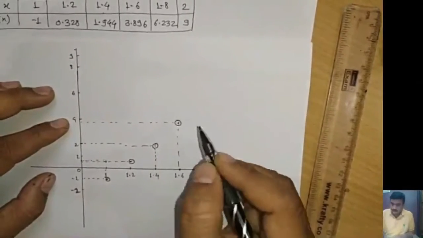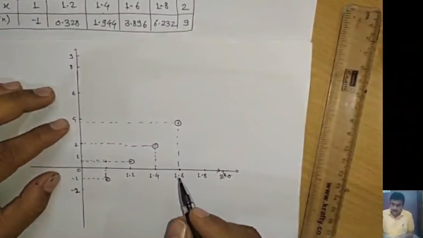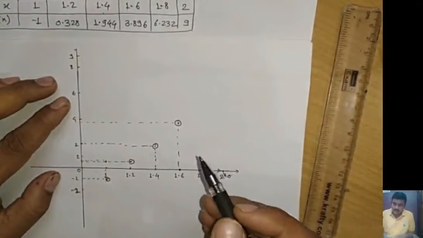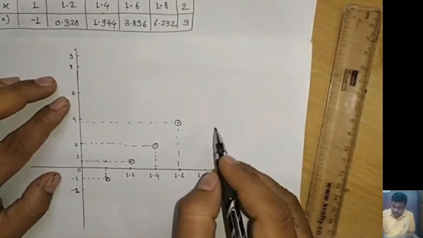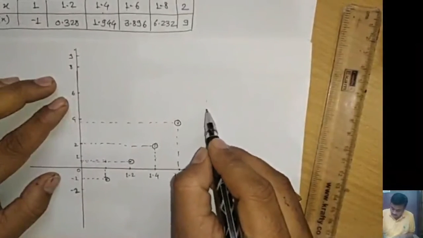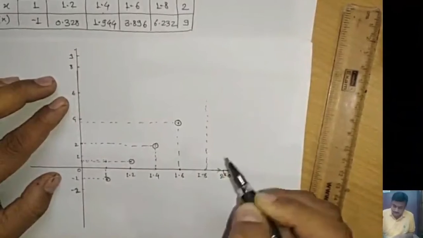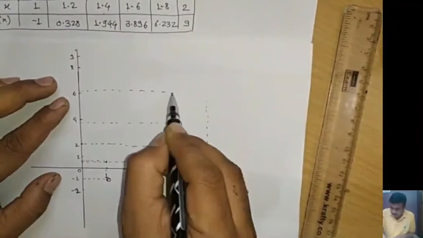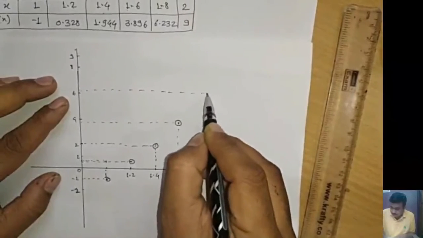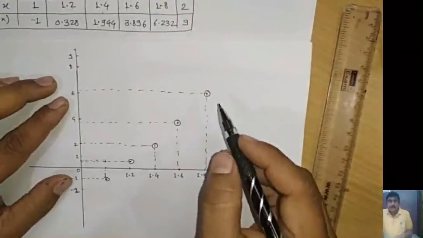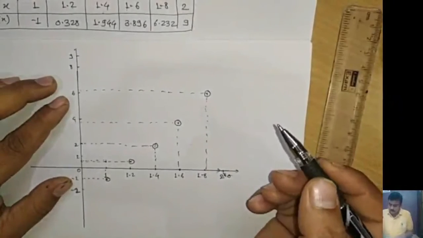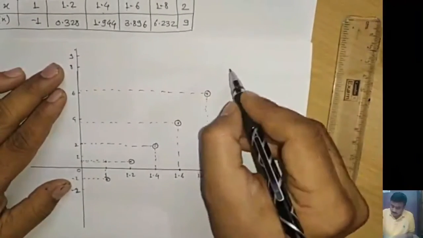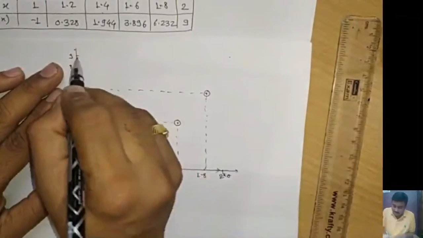Now for the value of 1.8, the value of the function is 6.232, which is nearly equivalent to 6. So we represent this point here, and for 2, the value is 9, which can be given here.